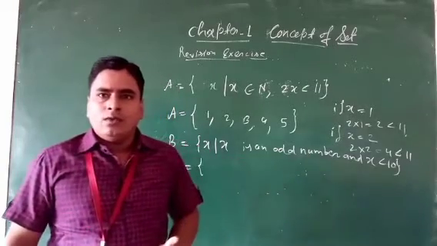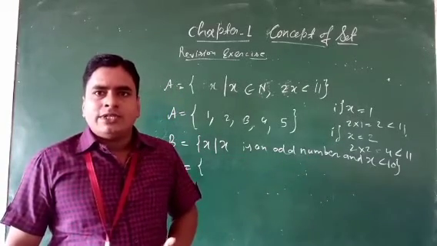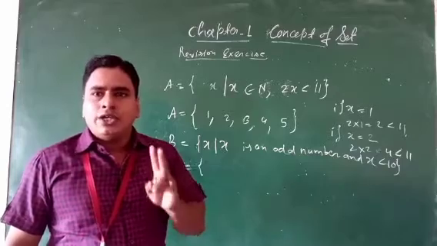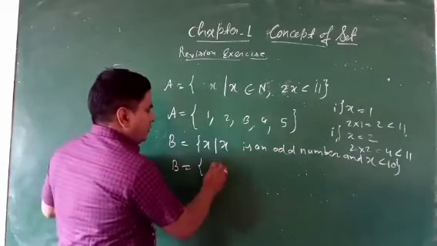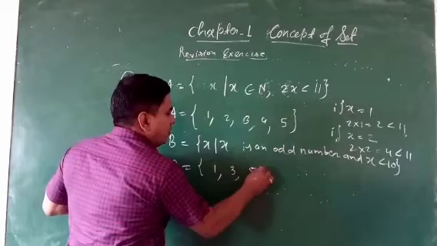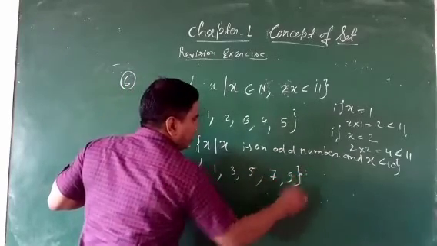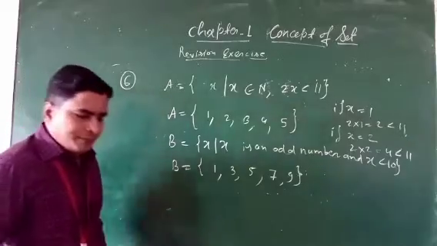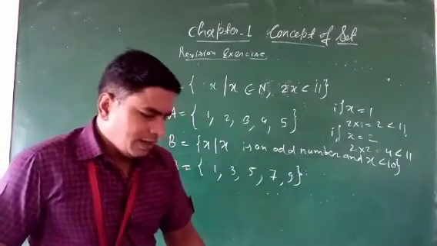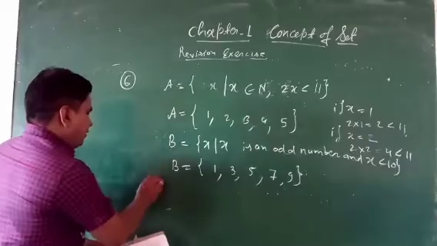Here you know very well what the odd numbers are, which are not divisible by 2. So 1, 3, 5, 7 and 9. Clear? Okay.